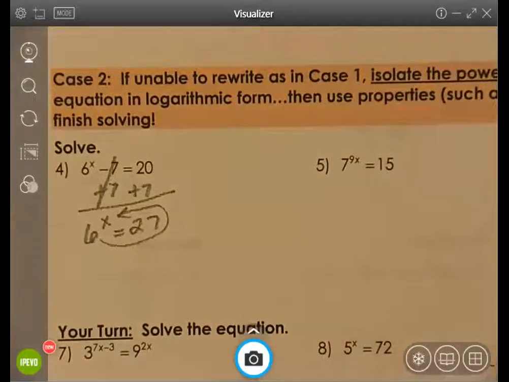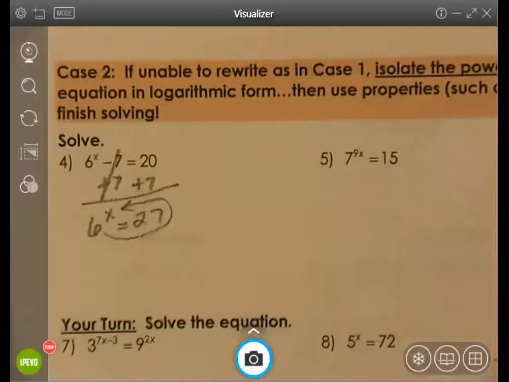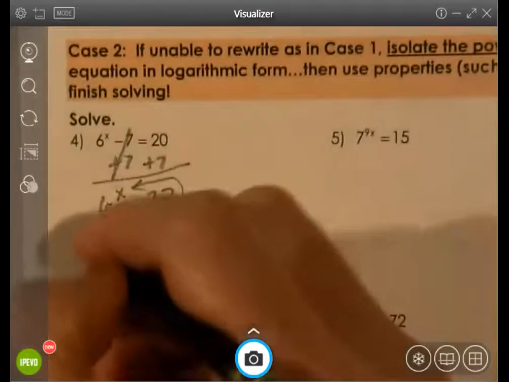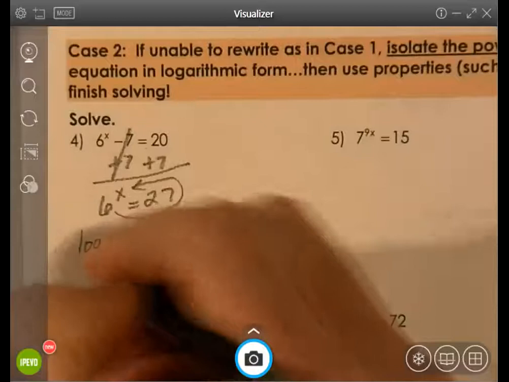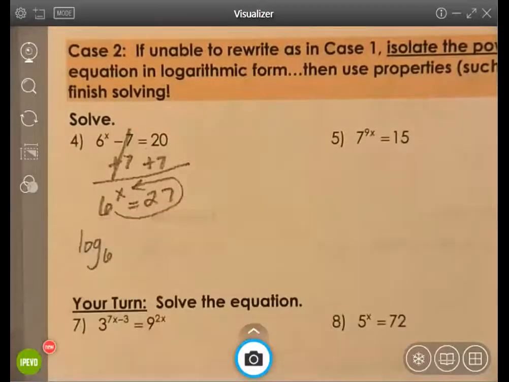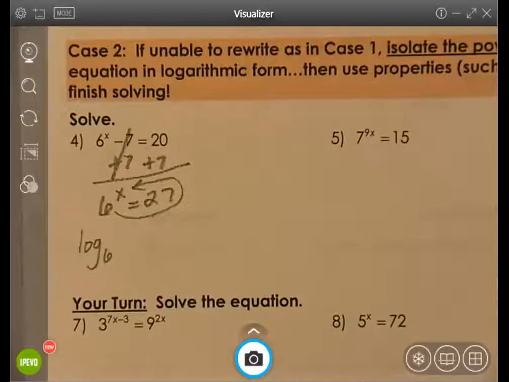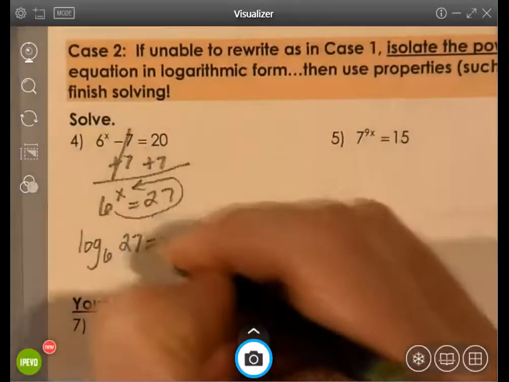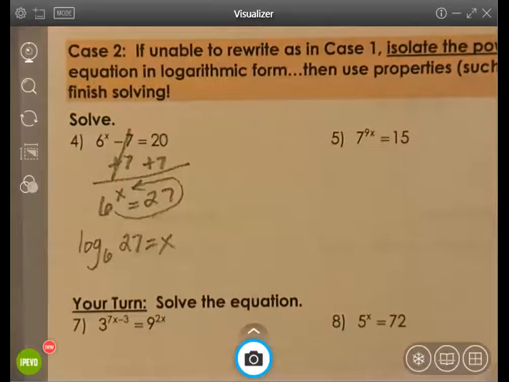Logarithms are to solve for an exponent. That's what we're doing. We're solving for an exponent. Log base 6. You have the base of 6. You're taking the logarithm of 27, and that's going to equal x.